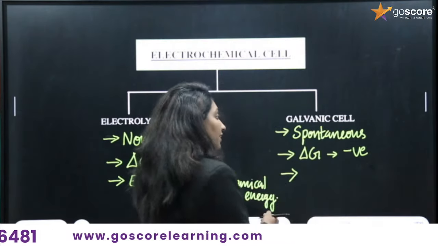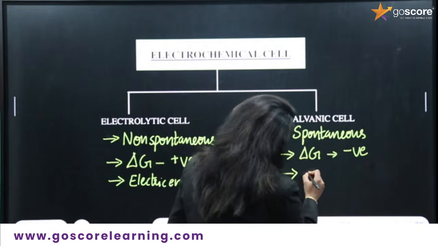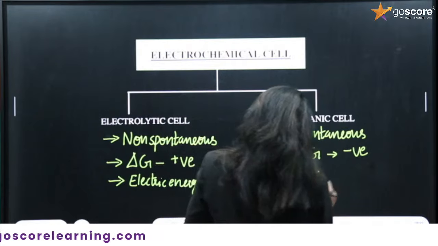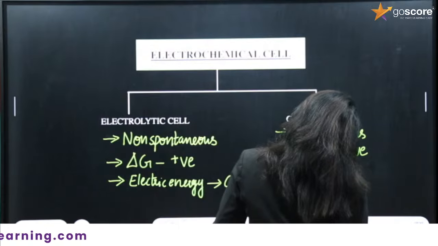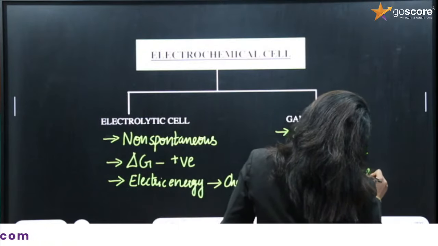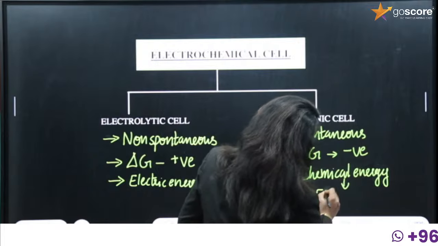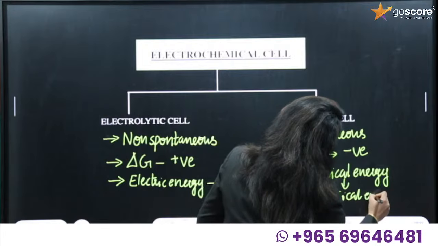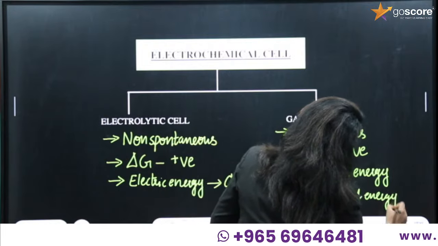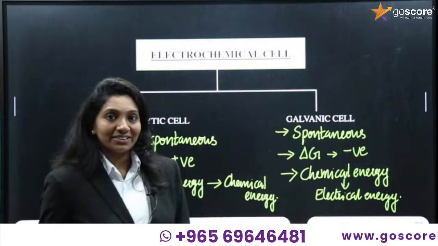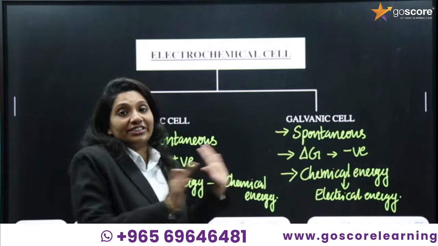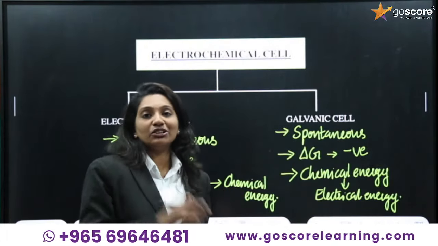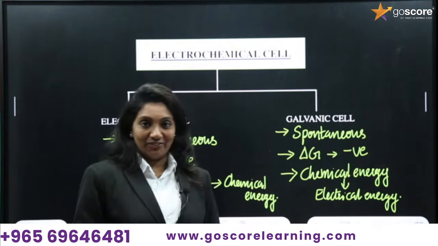So in the galvanic cell, the chemical energy is converting to what? Electrical energy, right? These are the main differences between the electrolytic cell and the galvanic cell.